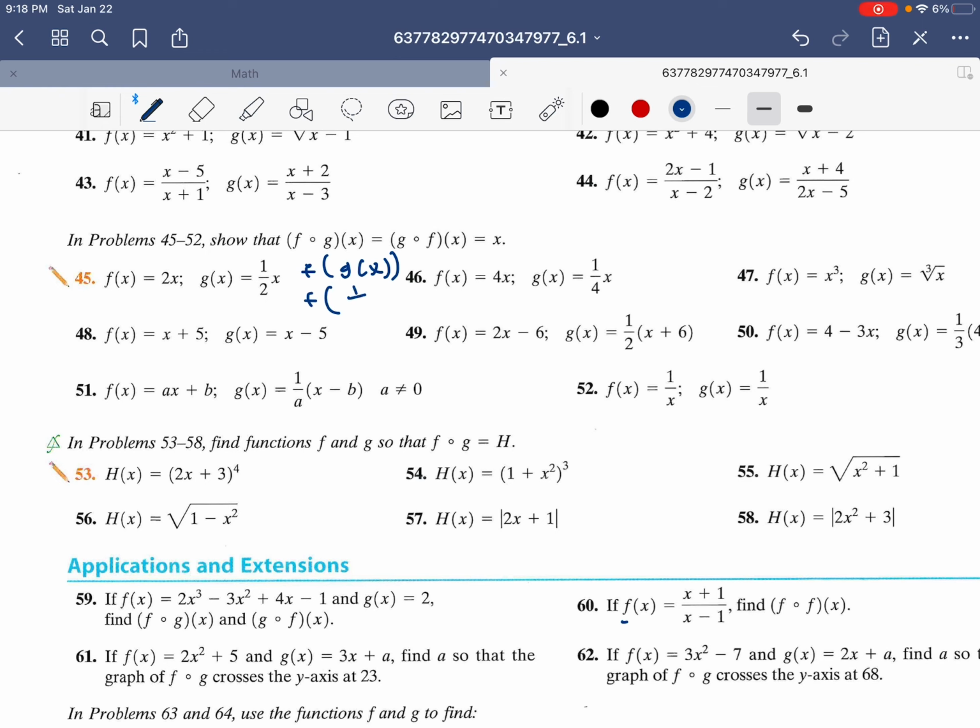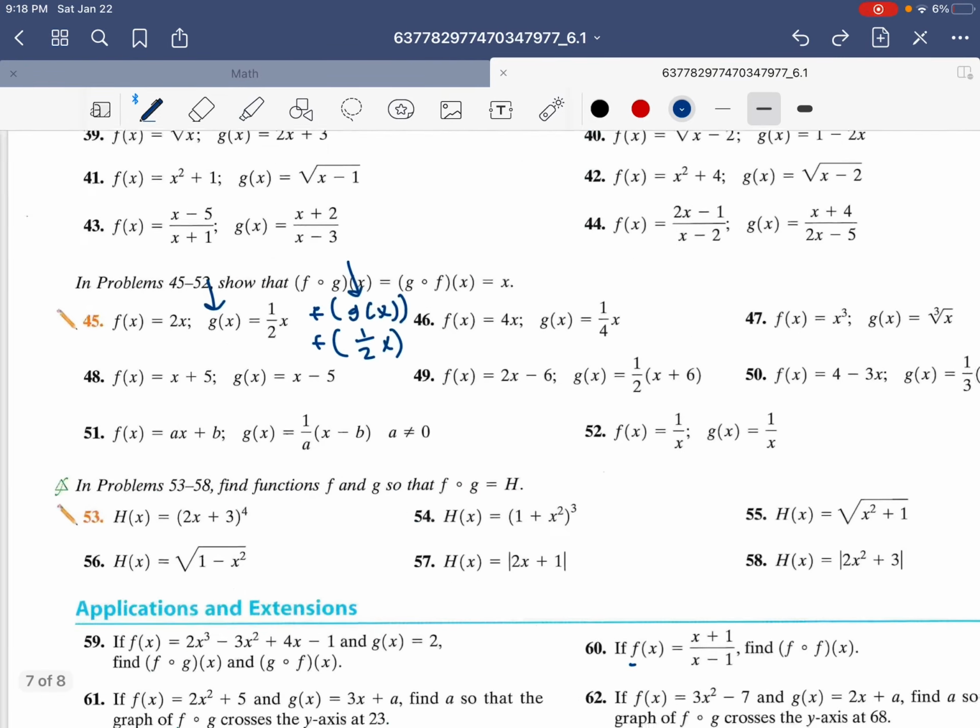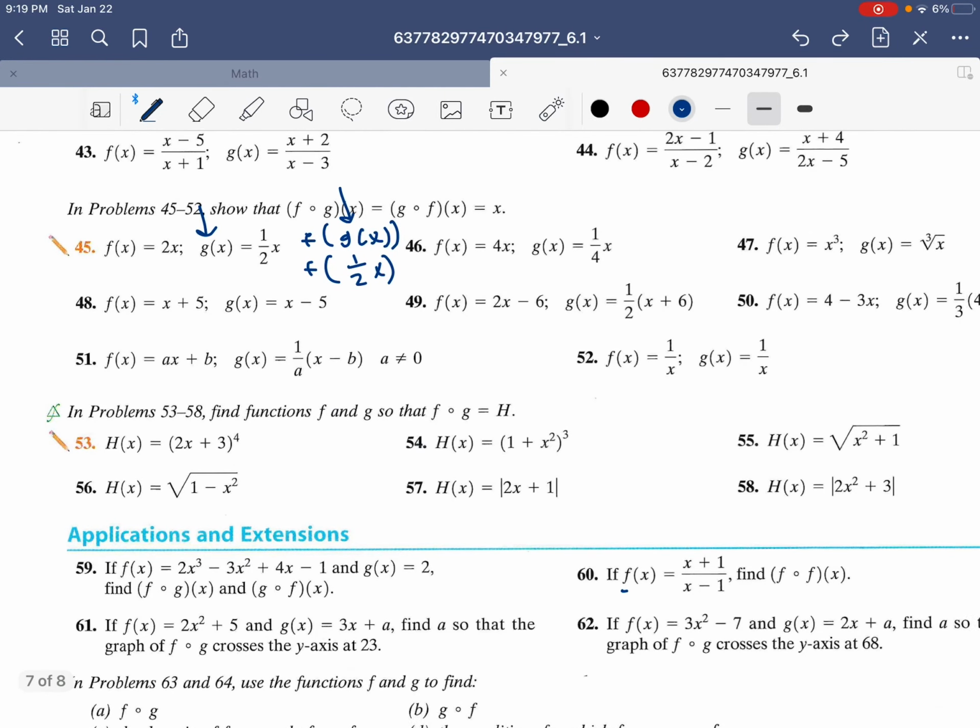So you see your g, so you're plugging this in as your x. Now this new x, you're going to plug into here. So this would mean it would be 2, right?